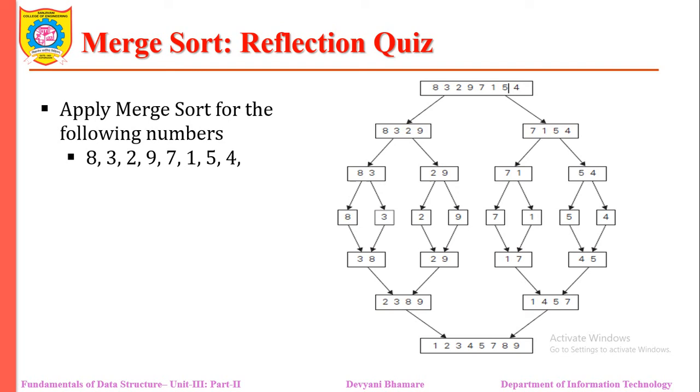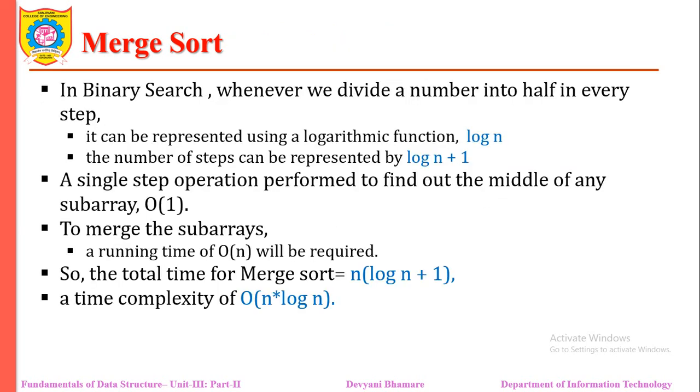Right? So in binary search, whenever we divide a number in half in every step, it can be represented using the logarithmic function, that means log n, and the number of steps is represented by log n plus 1.